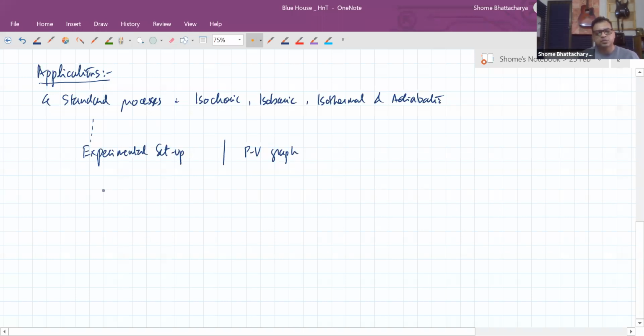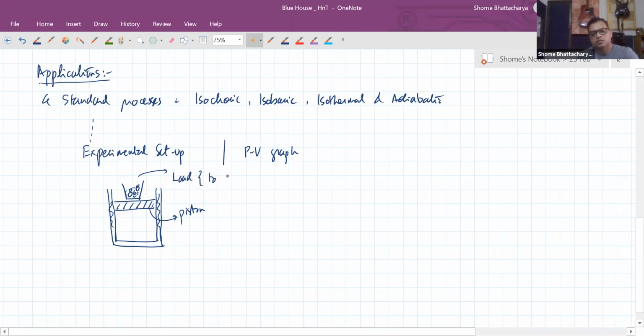So in the experimental setup, what we will typically have is a heat insulated container with a movable piston, and on the piston we have a load to control the pressure.